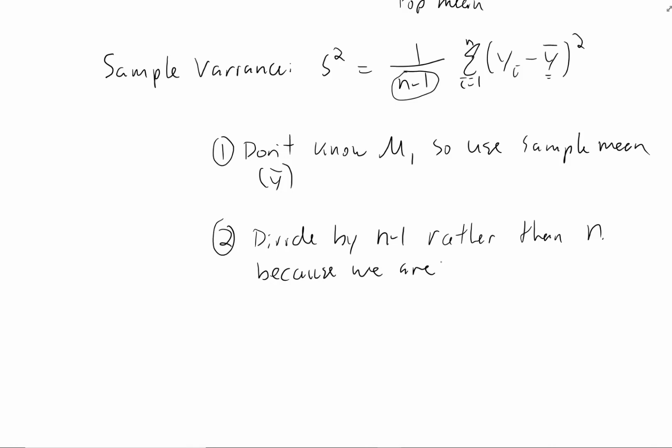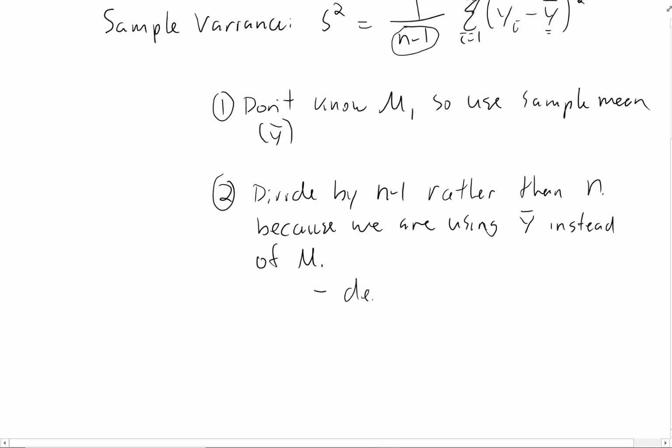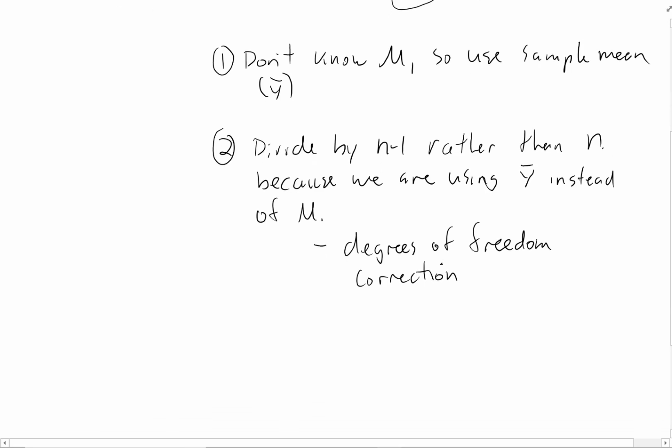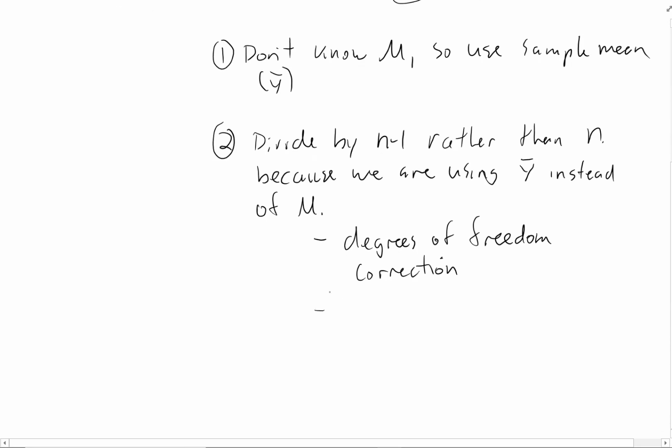So asymptotically, this makes it approach the actual population variance, because we are using y bar instead of mu. Oftentimes you see this called a degrees of freedom correction. In layperson's terms, we're using up some of the information in the data set by estimating this y bar.